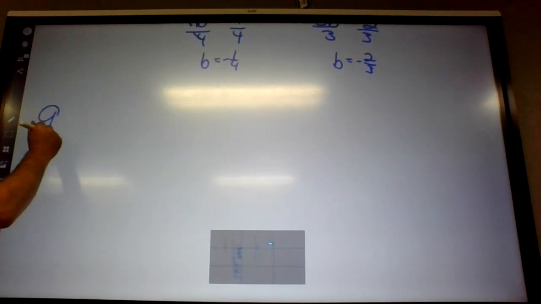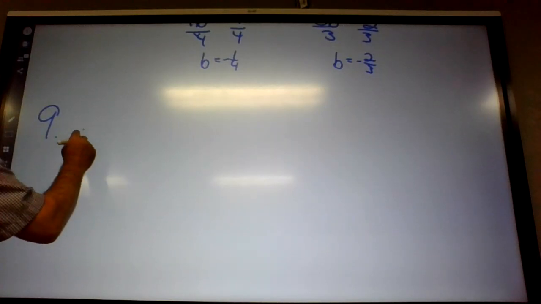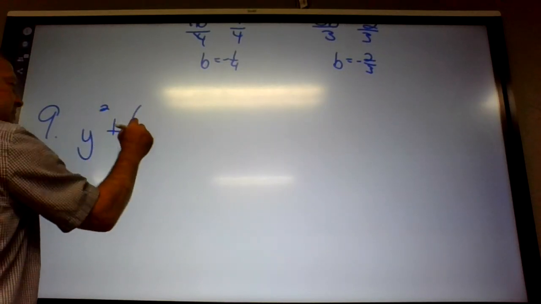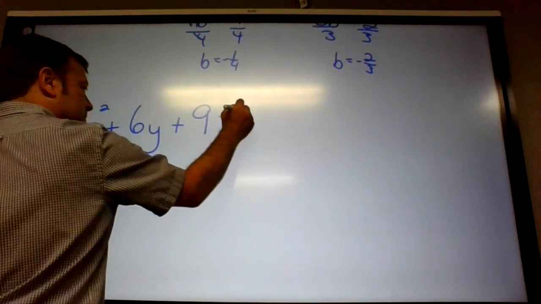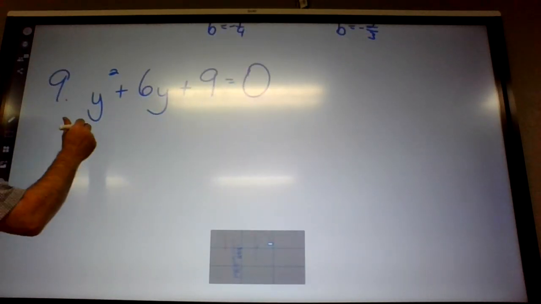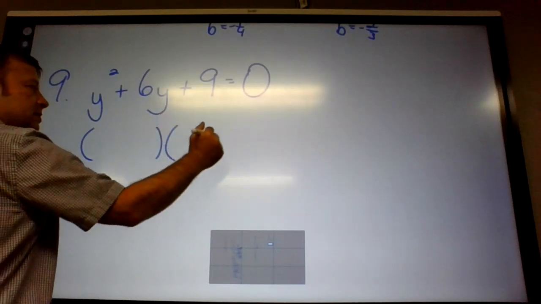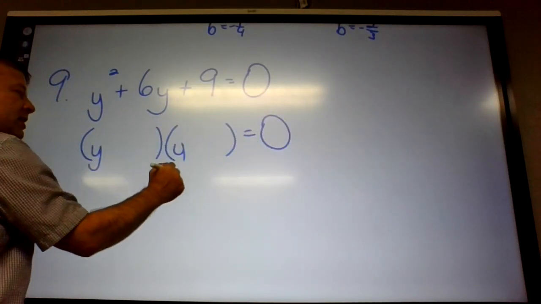Okay, on number 9, they were not so kind because they did not factor it for us. So we're gonna have to factor it ourselves. This is the normal 3-term factoring, y and y.